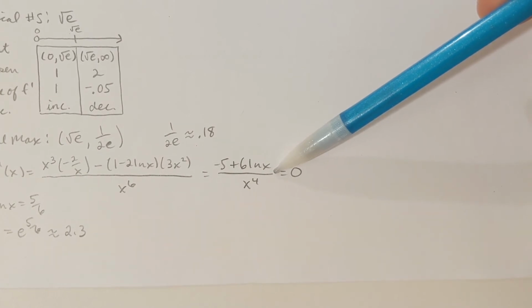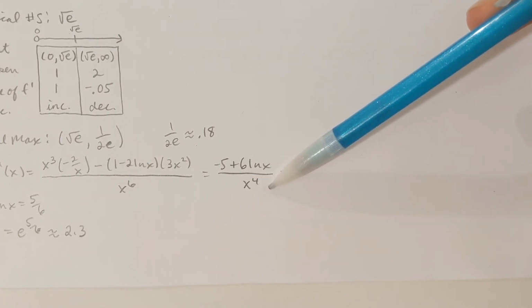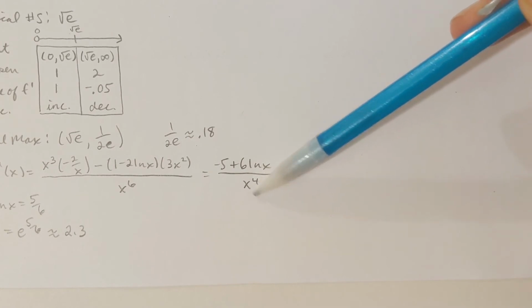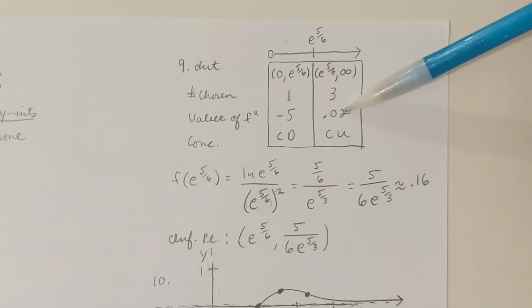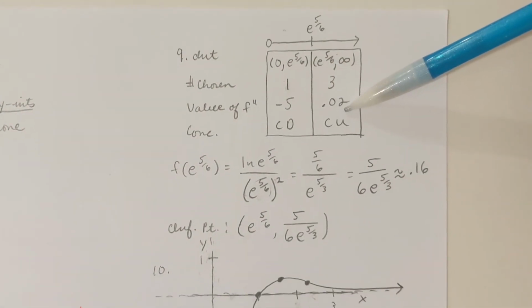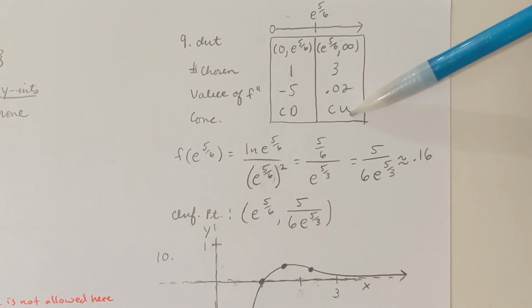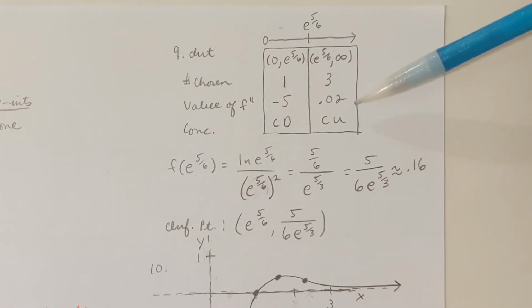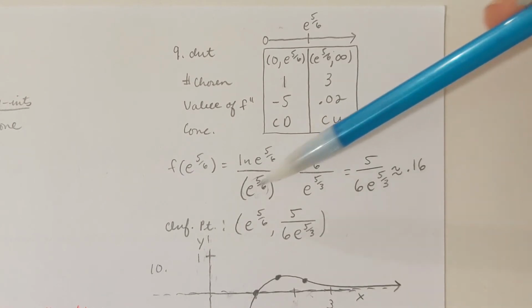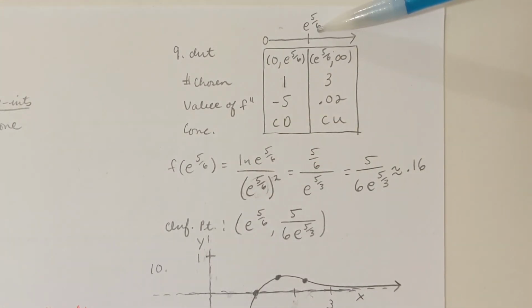Okay, 3 to the 4th is a positive in the denominator. So I've got a positive divided by a positive is a positive. The decimal that I was getting was 0.02 if you're to go nearest 2 digits on that. Okay, but that's a positive. That means we're concave up on that part of the graph. We're switching concavity once, and so therefore there's an inflection point at x equal e to the 5/6.